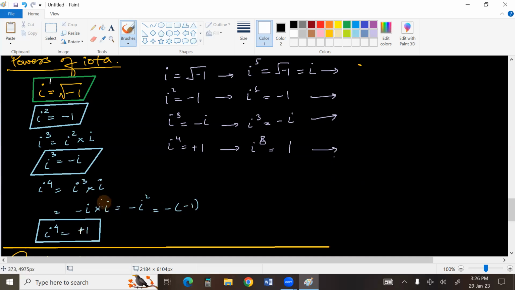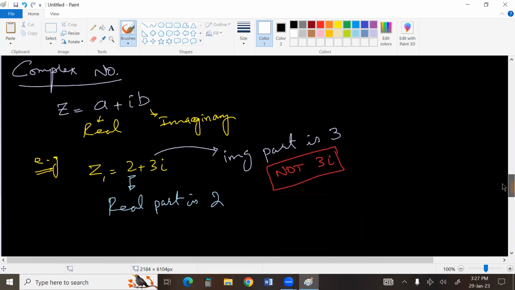Interesting to note is that these four values will be repeated after every fourth power. For example, if I take iota power 5, I get iota. If I take iota power 6, I get negative 1, then negative iota, and positive 1, in the same sequence. You can go in multiples of 4 powers. We can develop a pattern around these powers also.